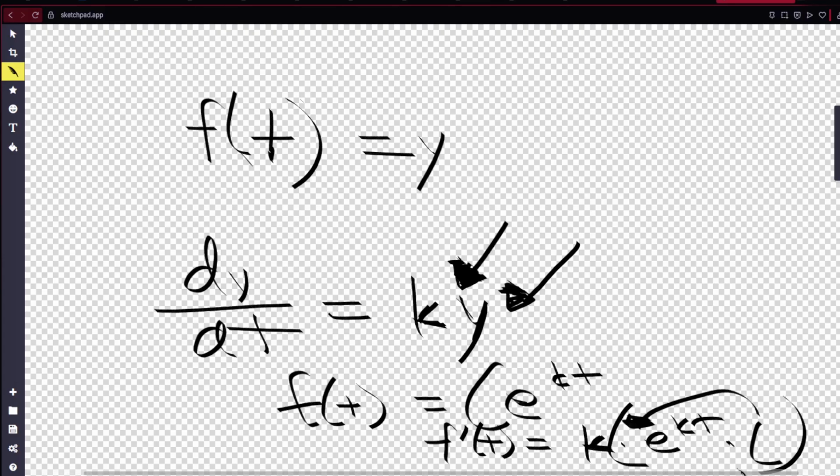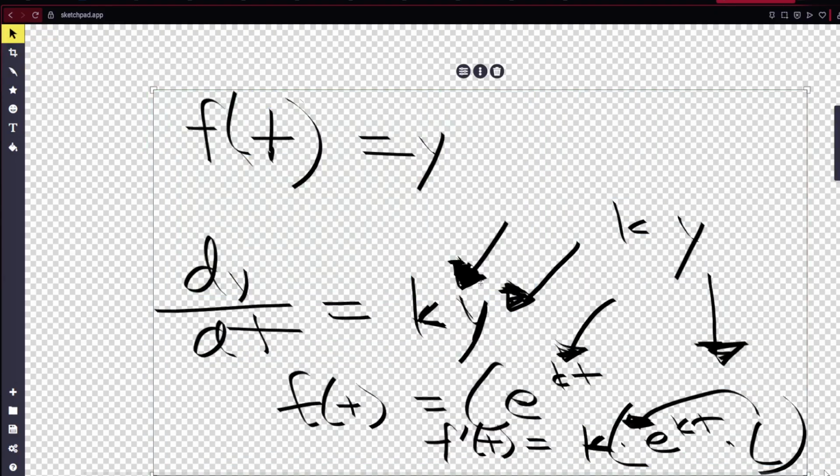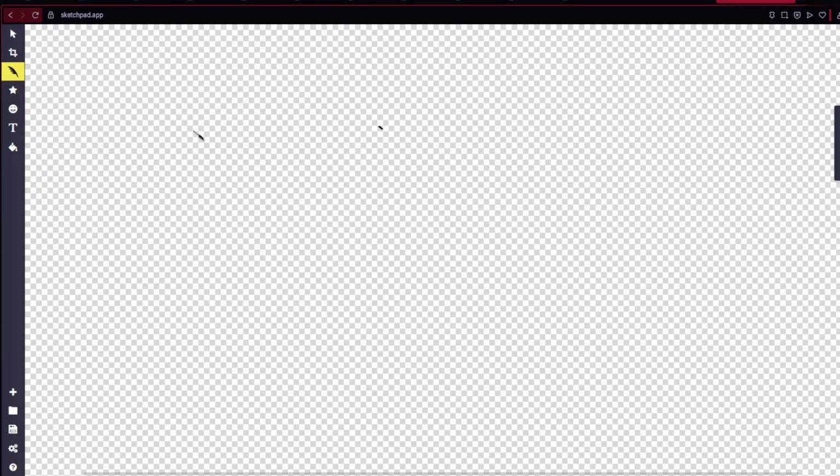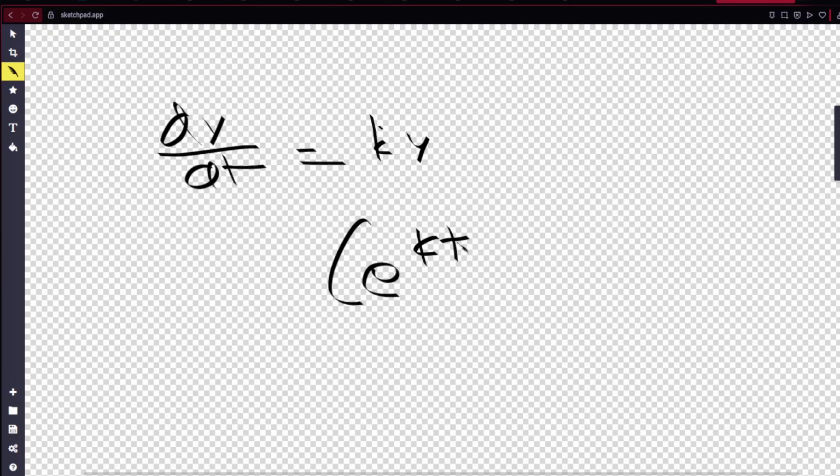So k times y, and this is just the original function here back at this point. In other words, the only function whose derivative is equal to itself times a proportionality constant is the form c e to the kt.